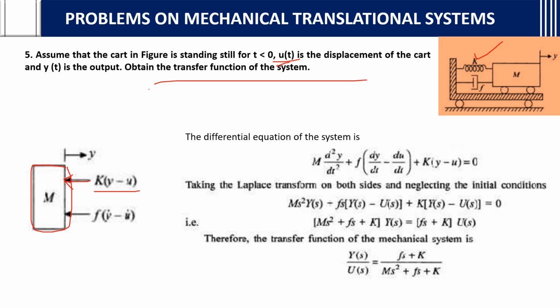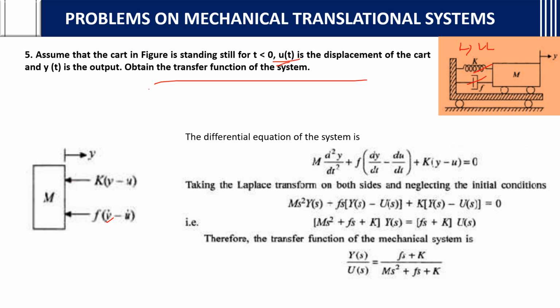Because the displacement here is u, and y is the output. So f k of y minus u and f of y dash minus u dash. Y dash is nothing but dy by dt, and u dash is du by dt.